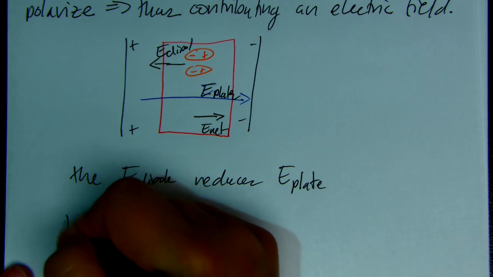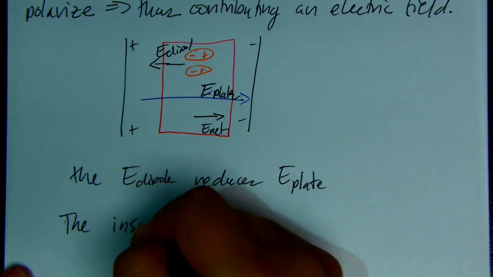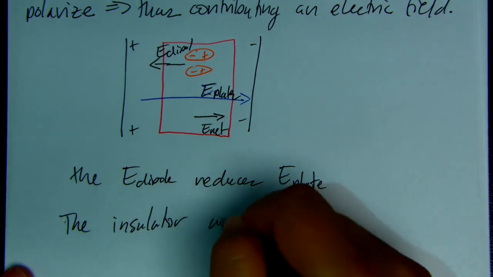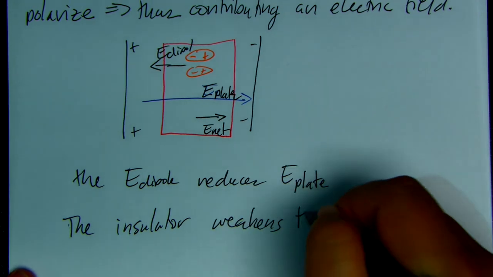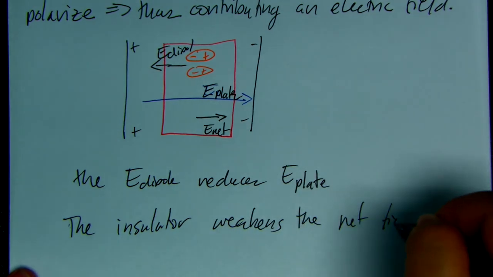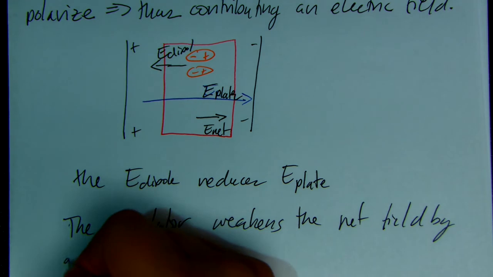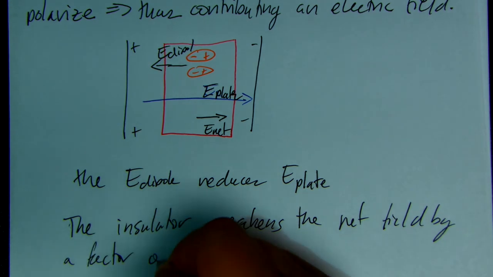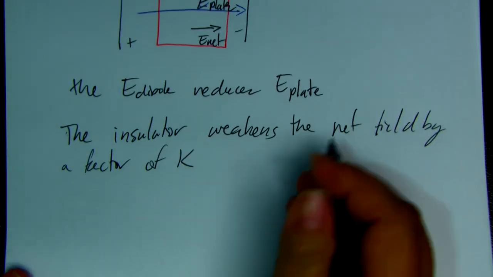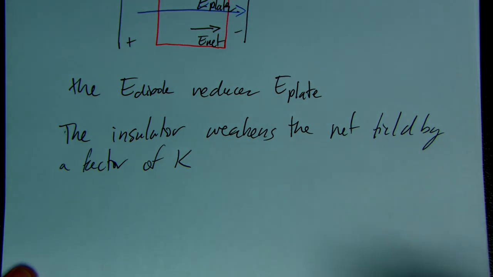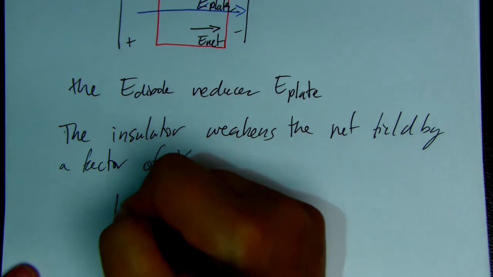So the insulator weakens the net field by a factor of K, which is the dielectric constant, and it's a material property.